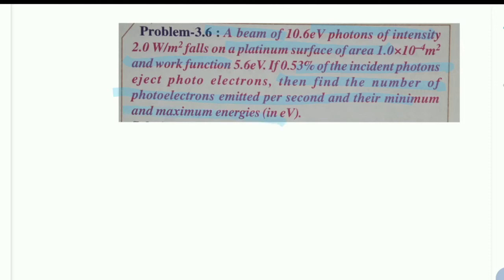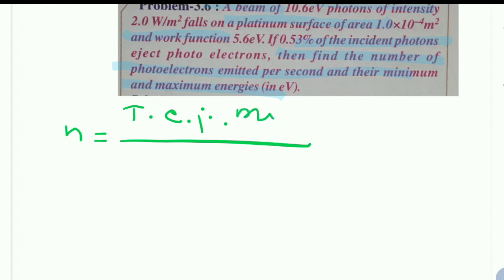So number of photons incident on the metal surface per second is equal to total energy incident on the metal per second by energy of each photon.